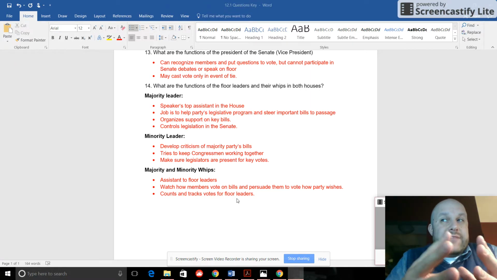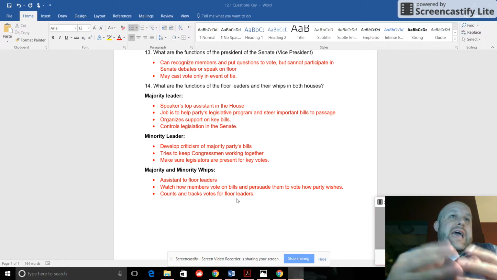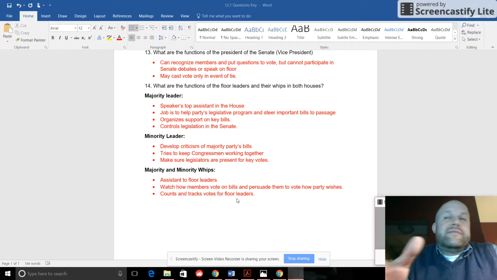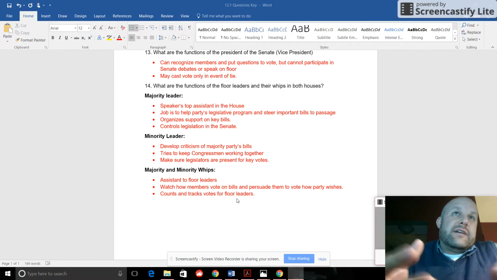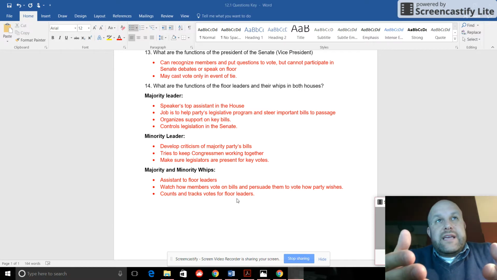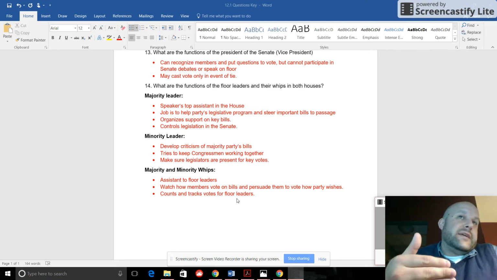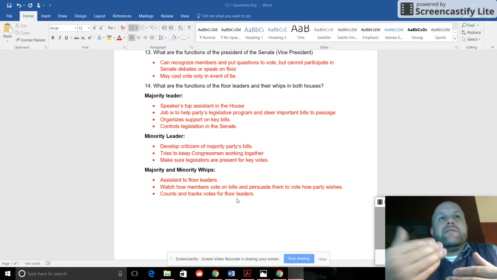They count and track votes for the floor leaders, deciding, hey, majority leader, we've got enough votes for this particular resolution or bill, or we don't have enough votes. Do we need to bring it up to the full body for a vote? Maybe we don't. That's how the whips end up functioning in terms of their assistance to the majority and minority leader.